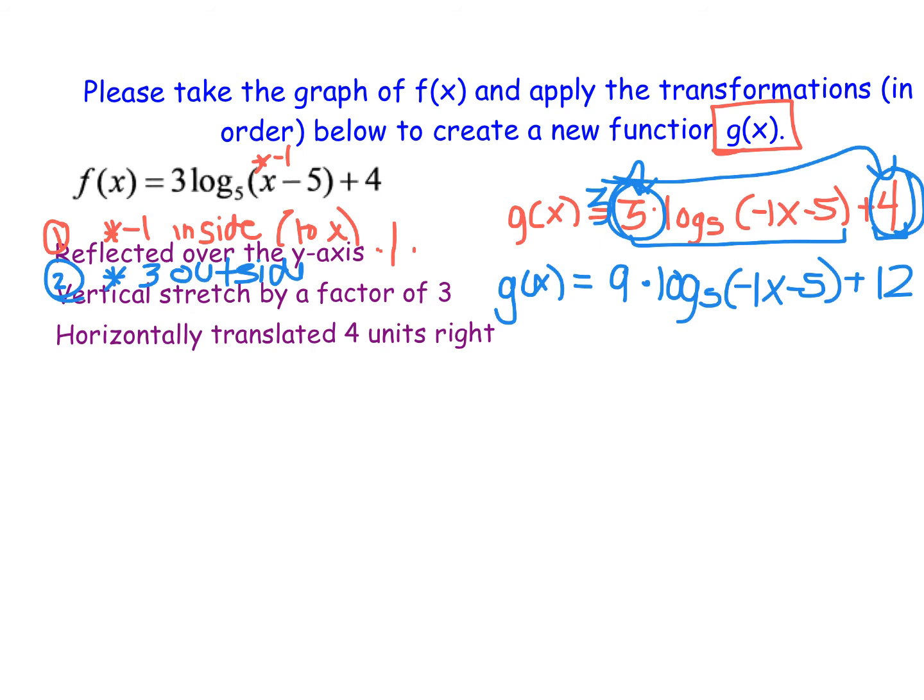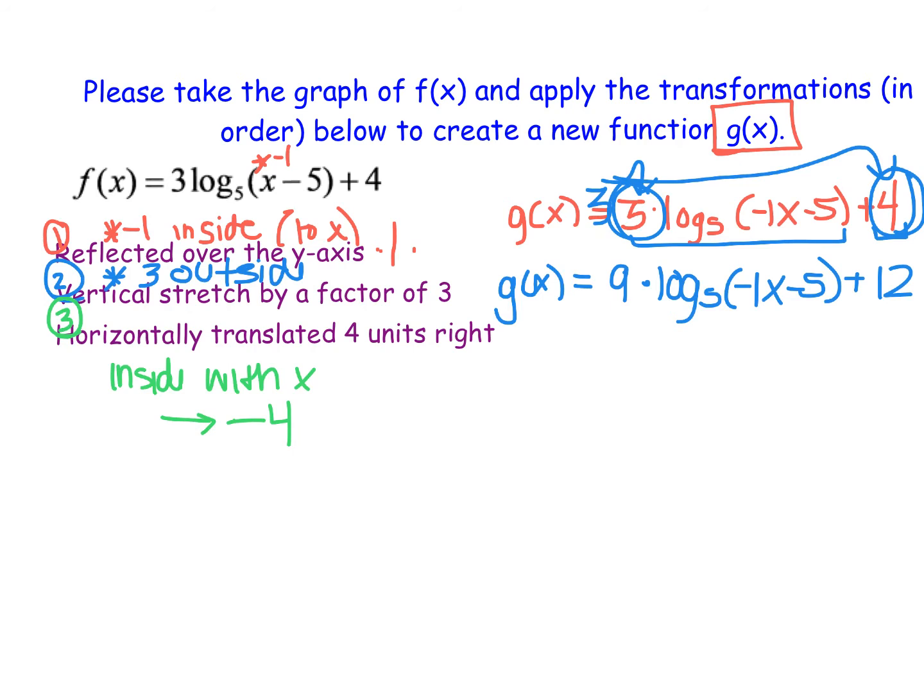Now, this last one here is the trickiest one, I think, of all of the translations. And this is a horizontal translation 4 units to the right. So translations, we know, deal with the h value. So they're going to go on the inside with x. We also know that if it's going to the right, that's the positive direction. So we're going to be subtracting 4.